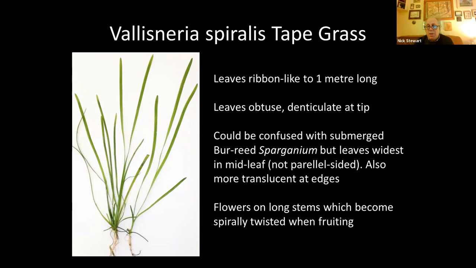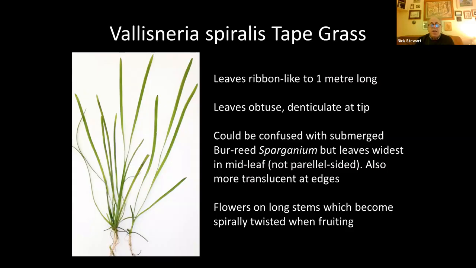If it's flowering, it produces quite long stems. The male flowers detach and float around on the surface, but the female flowers are on long stalks, and those will start to become twisted.